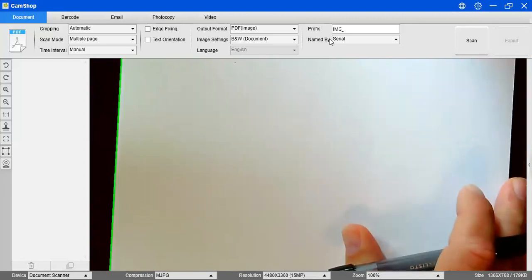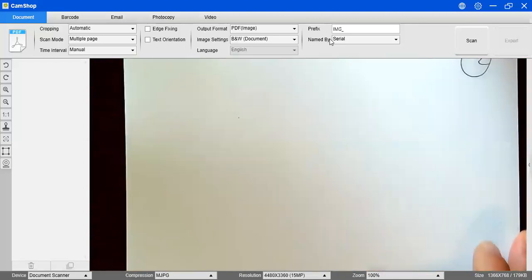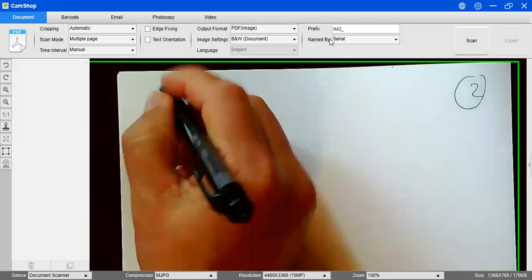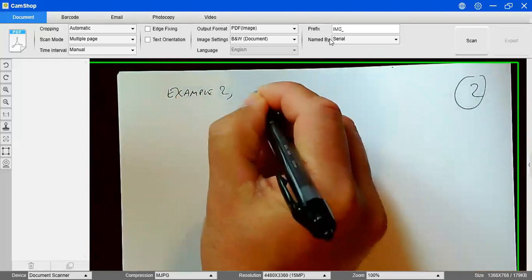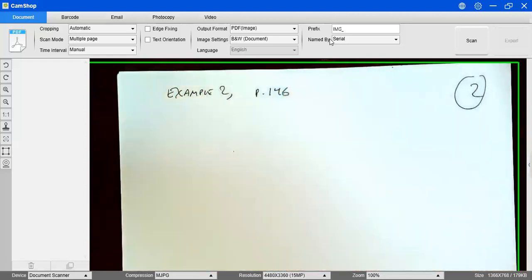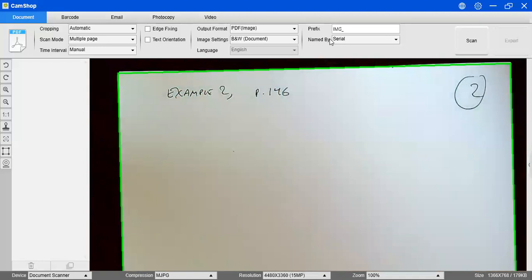So I have example 2. So example 2 is on page 146. So we're going to work on another formula.